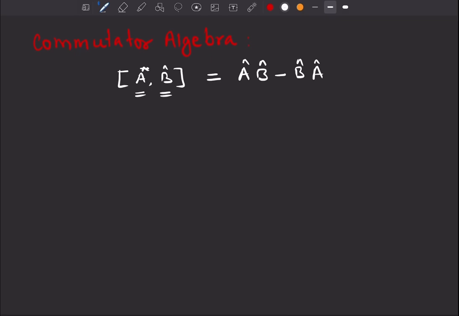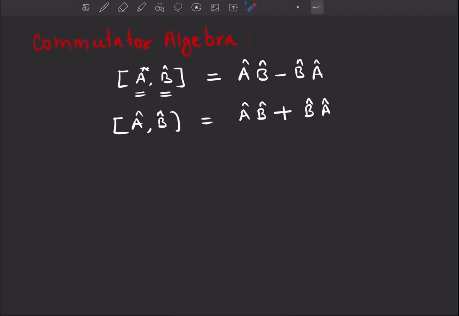Similarly, we define the anti-commutator as the square bracket A, B equal to operator A into operator B plus operator B into operator A. So friends, notice here this is the plus sign in the case of the anti-commutator.